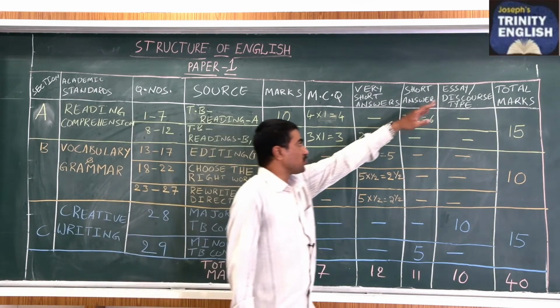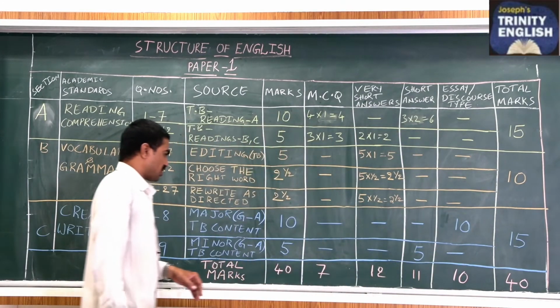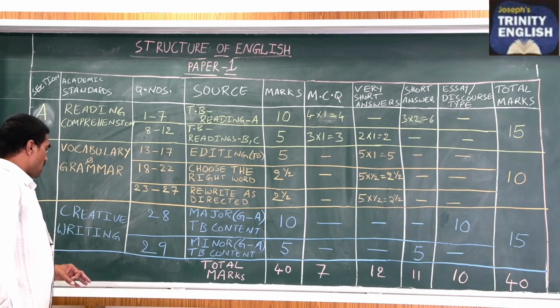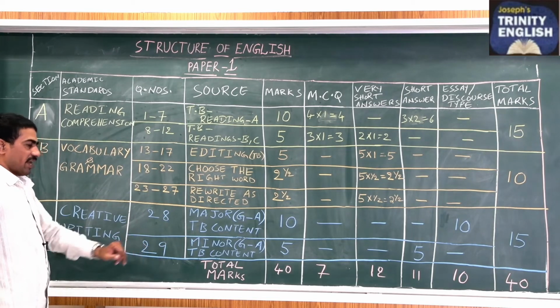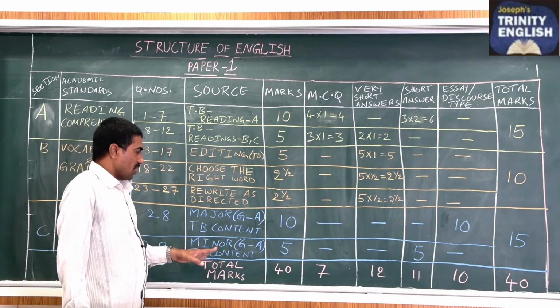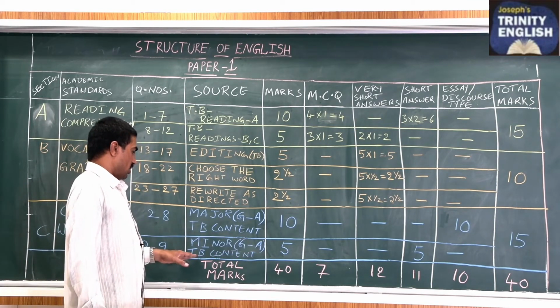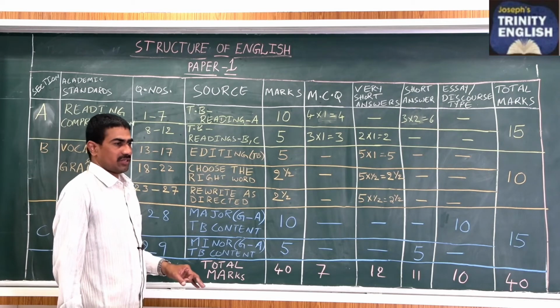And next we have question number 29, and this is called minor discourses, and this also is called group A, and this is also textbook content.